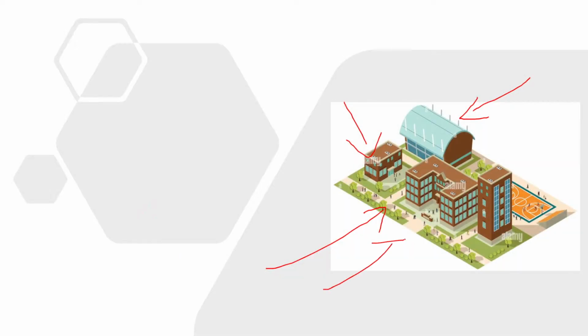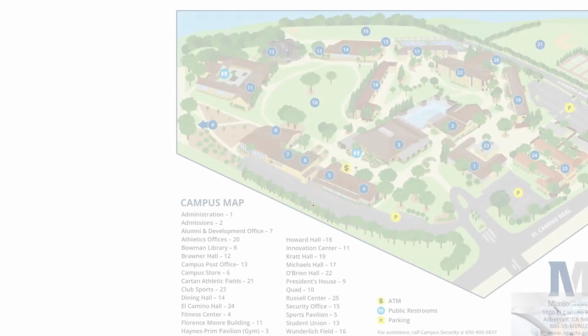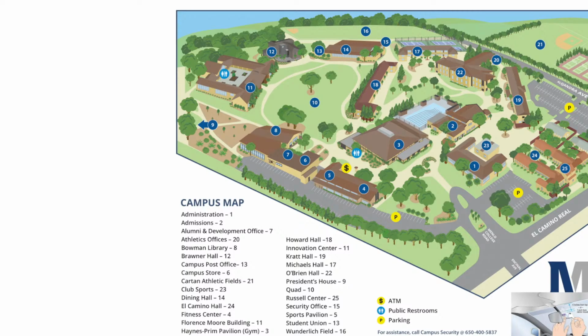When you want to enter a campus or on-premises, you will be granted an ID card, and in each ID card there are some permissions associated with it: which area needs to be accessed, what type of entry, and which policies are attached to that ID card. Now take another example. This is a campus. If you are a person, you can access the building and the particular area which is assigned to your ID card.